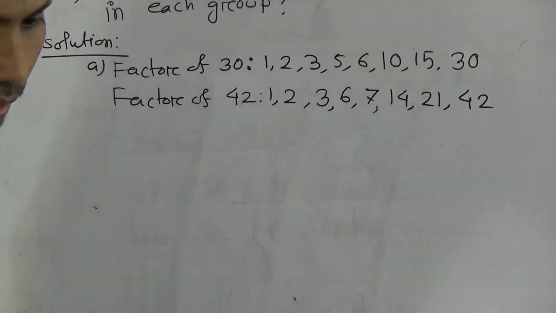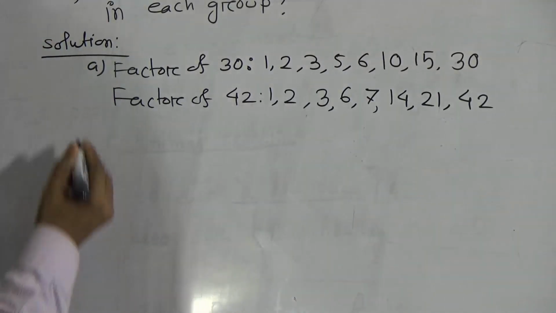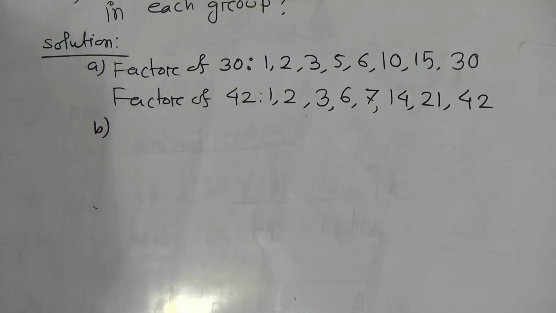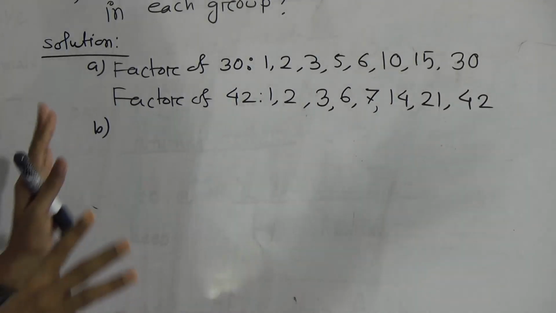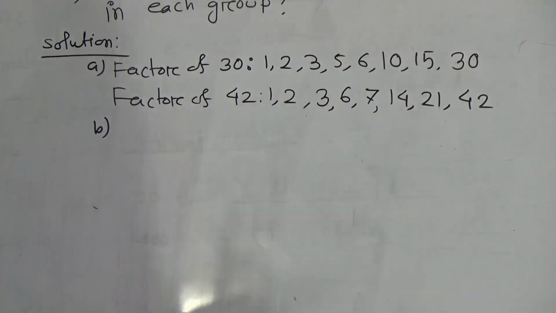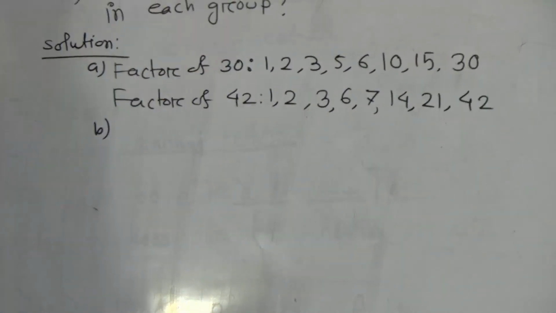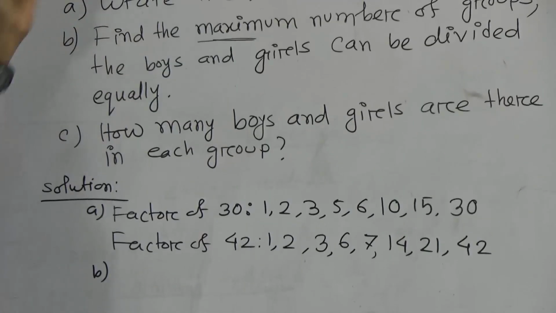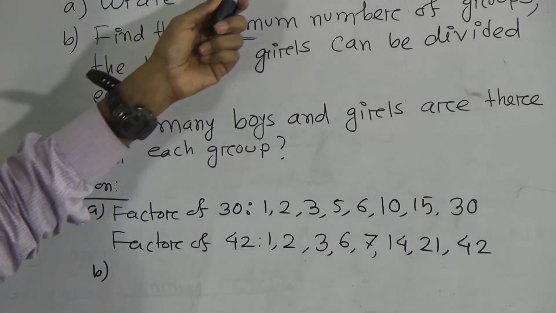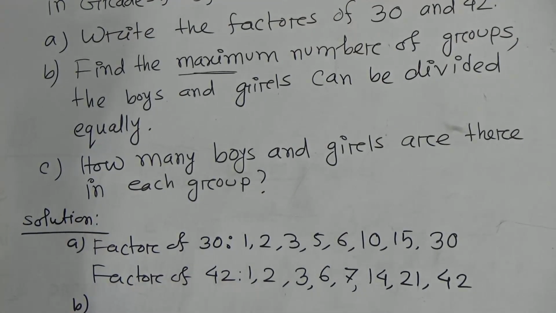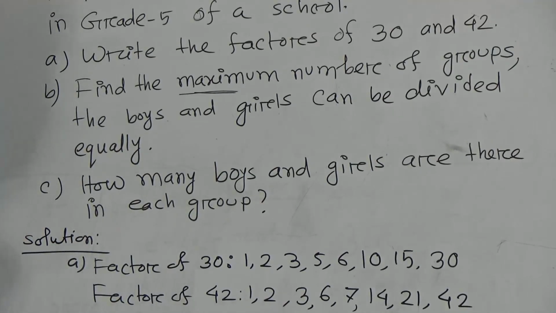Now, B. Find the maximum number of groups. We know the largest number among the common factors is called GCF. The maximum number means you have to determine the GCF or HCF of 30 and 42, then you will get the maximum number of groups.